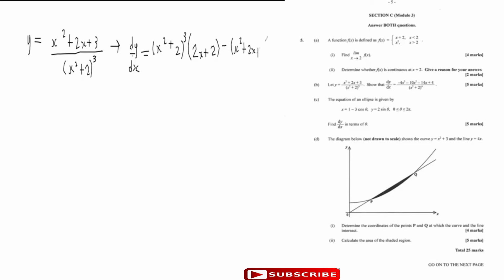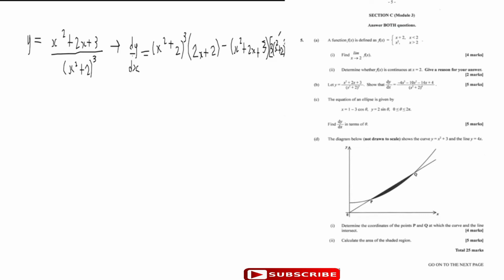times the differential of the bottom, and the differential of the bottom is you carry down the power, you subtract 1 from the power, so you get 3 times x squared plus 2 squared, times the differential inside the bracket.